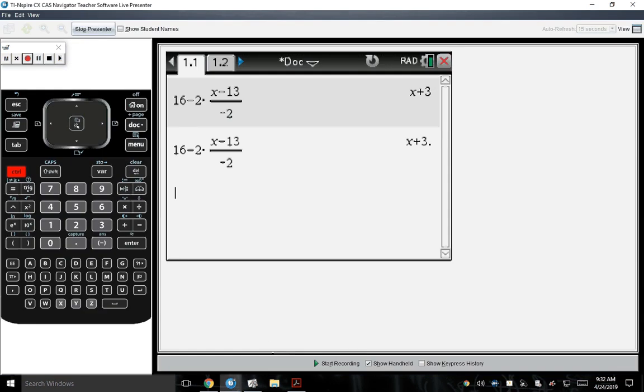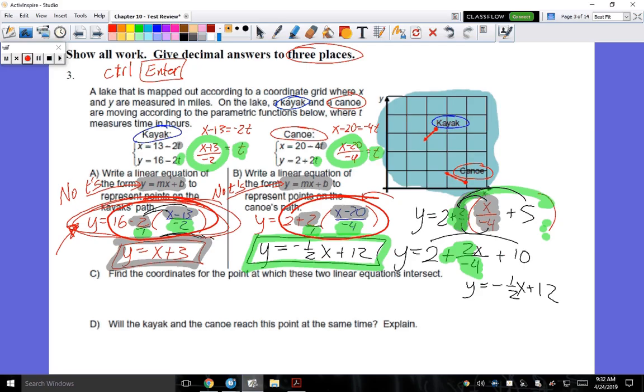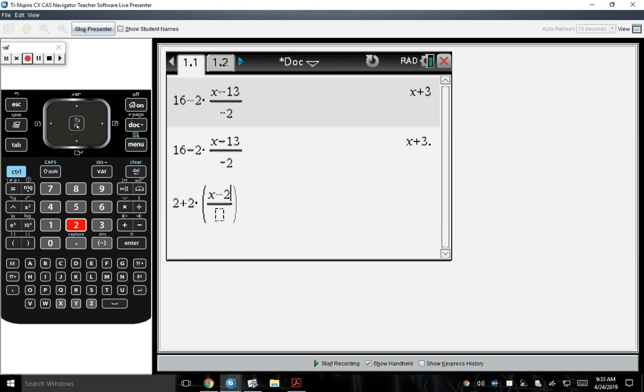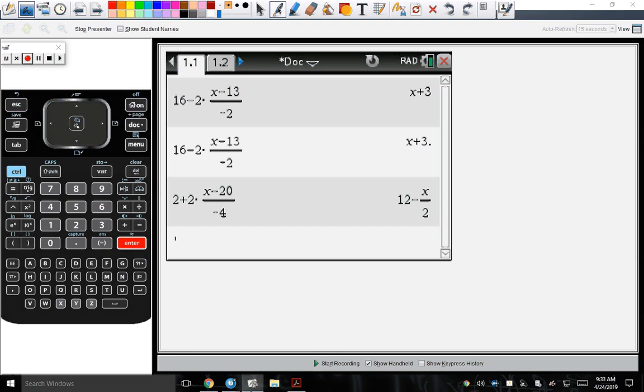So here we go. 2 plus 2 times parentheses control divide, and we're going to put x minus 20 over a negative 4. So x minus 20 over a negative 4, and you see that it does in fact simplify to negative 1/2 x plus 12. So this is an understood positive 12 right here, and you can move it around and still be equivalent because those mean the same thing.